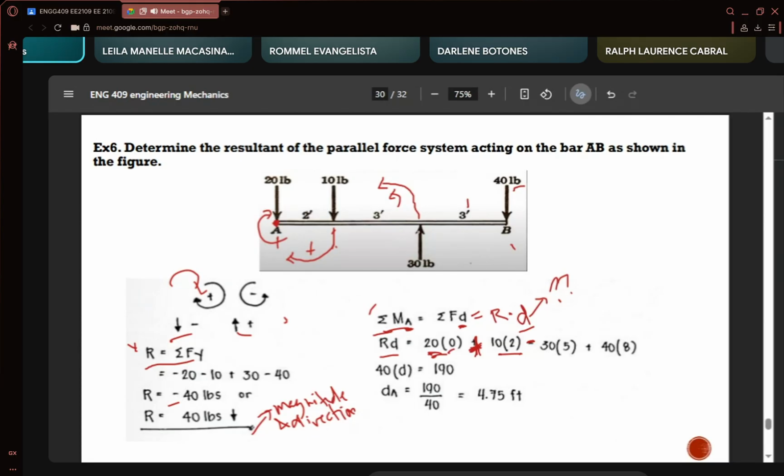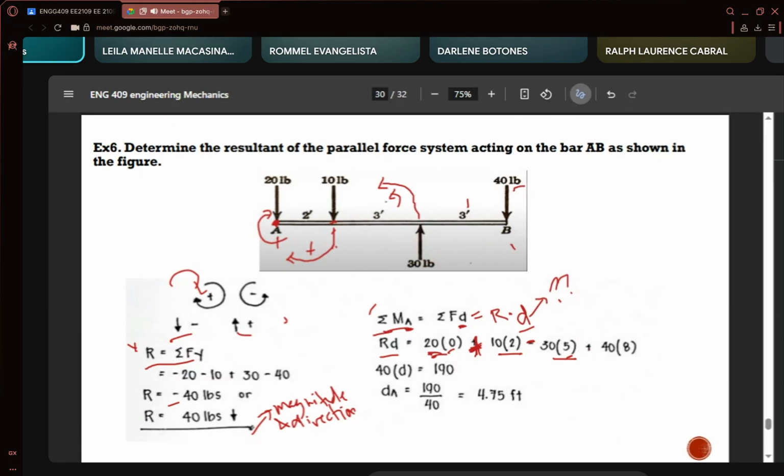I hope you're familiar with distance analysis. Don't get confused and write 3 feet here. No, we're not referencing from the 10 pounds. We're referencing from A. So you should get the total distance from A. So that's 2 plus 3, so that's 5. I hope that's clear.